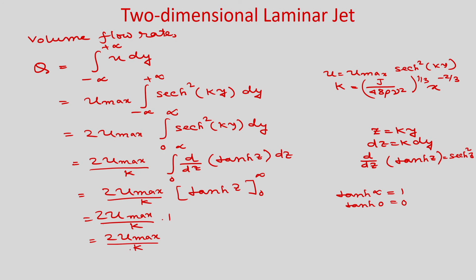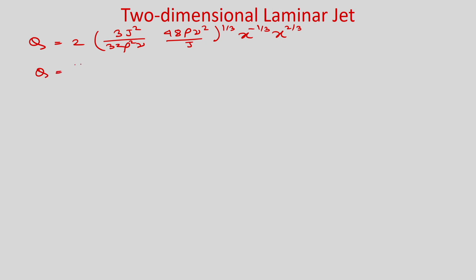Now if you put the value of k and u max, we can write the volume flow rate as 2 into 3 j square divided by 32 rho square nu, times (48 rho nu square by j) to the power 1 by 3 x to the power minus 1 by 3 and x to the power 2 by 3. So, we can write q as 36 j nu divided by rho to the power 1 by 3 x to the power 1 by 3.